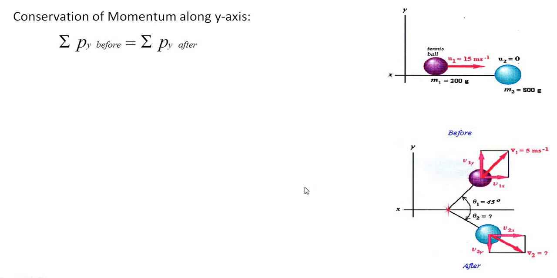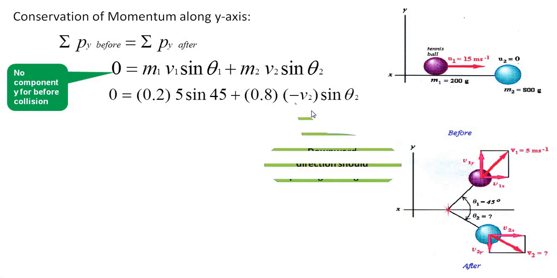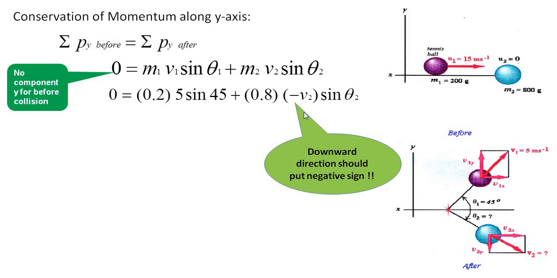Then we solve in the y component, momentum along the y axis. Since the collision only occurs in the x direction initially, there is 0 momentum in the y component. For the final, we have m1 v1 sin theta 1 plus m2 v2 sin theta 2. Here v2y has direction downward, so we put a negative sign.